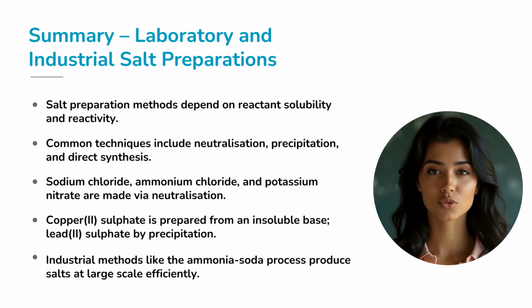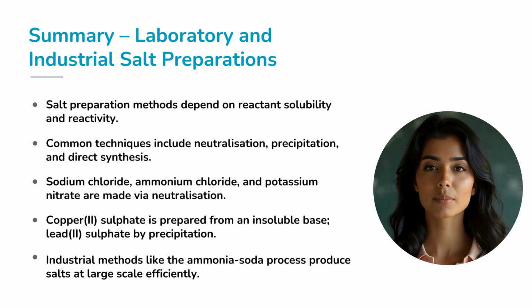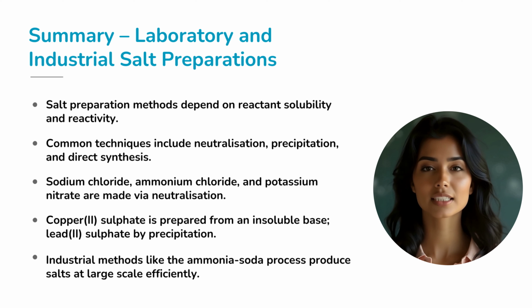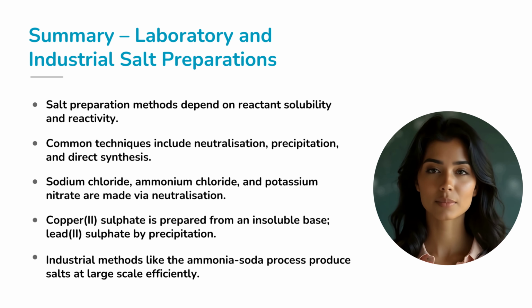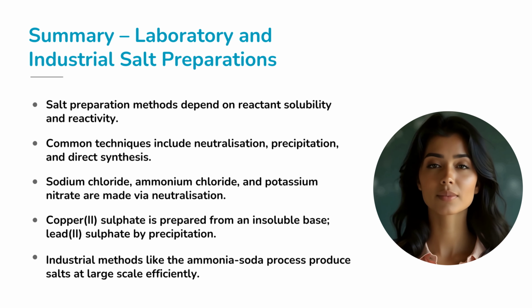Let's summarize what we've learned about making specific salts. First, the method used depends on solubility and reactivity of the substances involved. We commonly use neutralization, precipitation, or direct synthesis to prepare different types of salts.